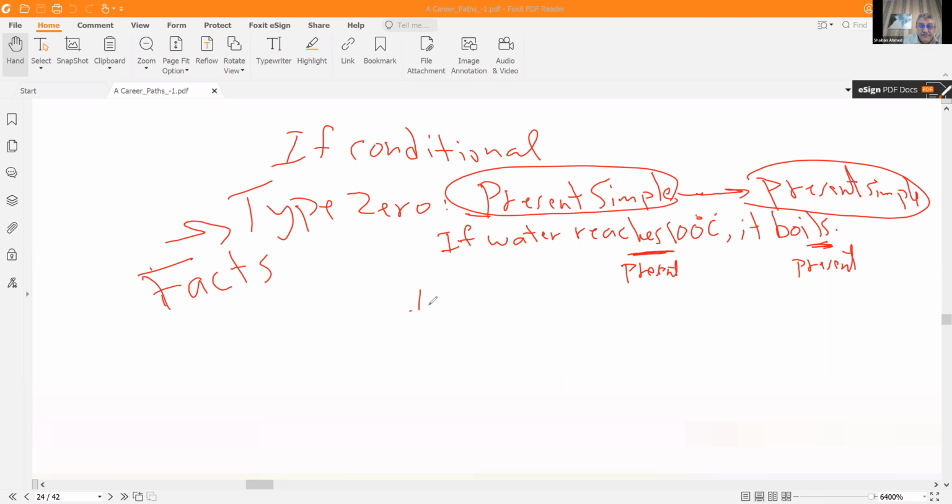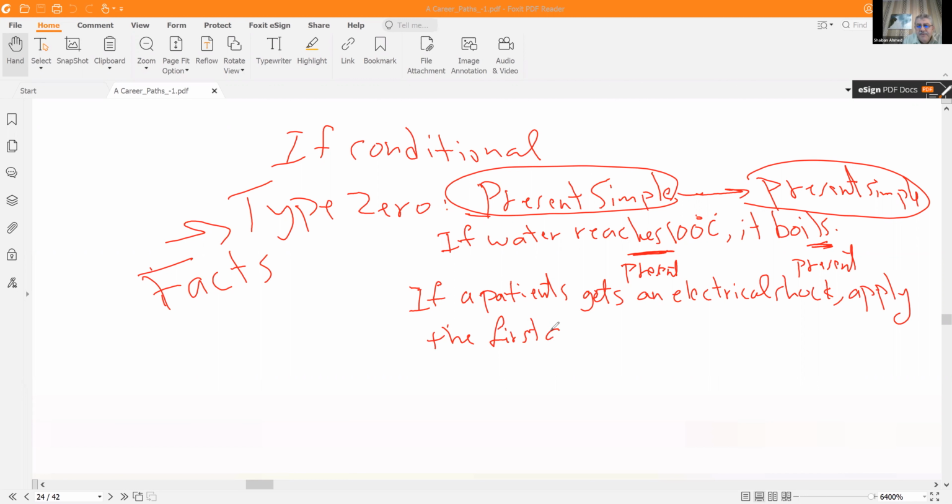So you say, for example, if a patient gets an electrical shock, apply the first aid procedures.